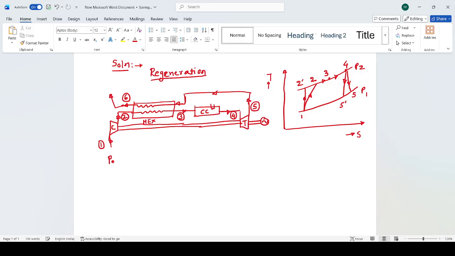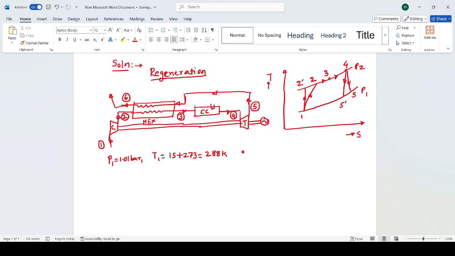It is mentioned that the initial pressure is 1.01 bar. Then the initial temperature of the air, T1, is given as 15 degrees Celsius. I will convert that to Kelvin by adding 273, so the initial temperature is 288 Kelvin.